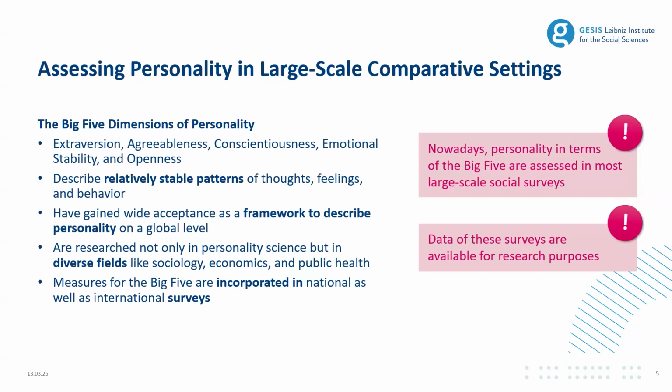And so these disciplines included measures of the Big 5 into their studies and especially also into international and national survey programs. So nowadays, personality in terms of the Big 5 is assessed in most large-scale social surveys, and the data of these surveys are available for research purposes.